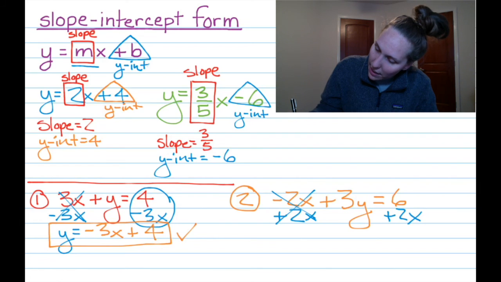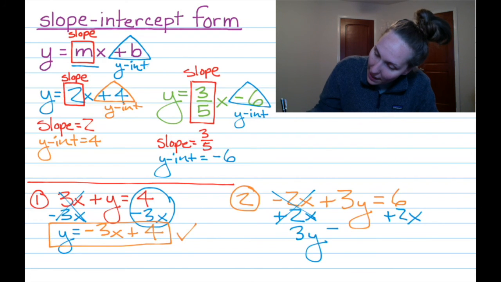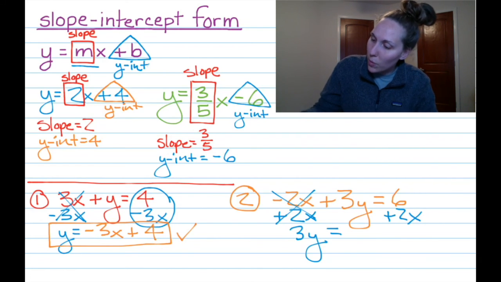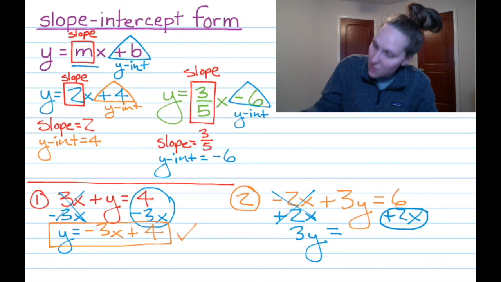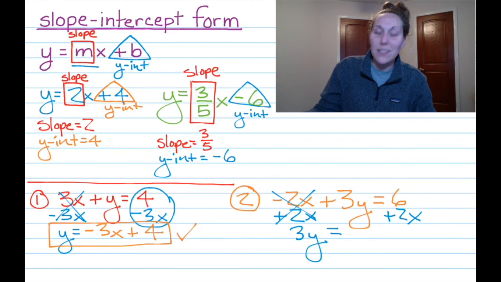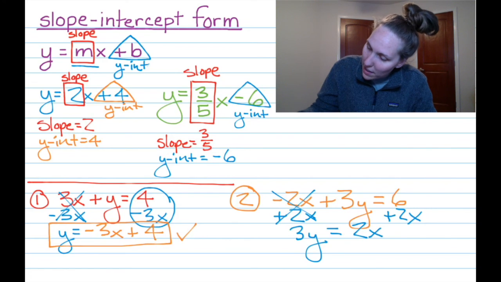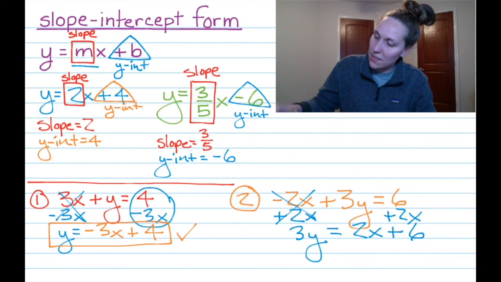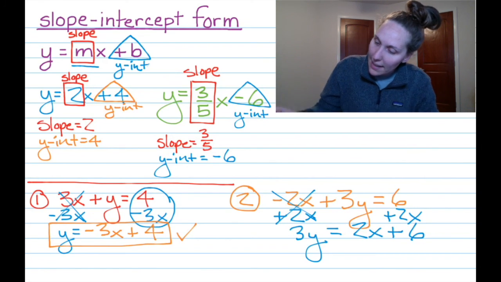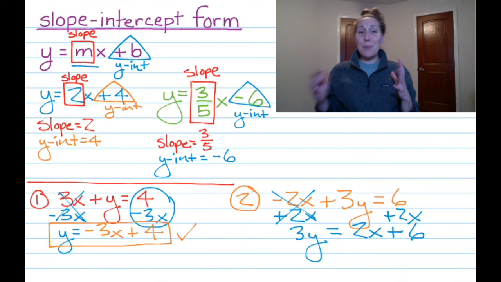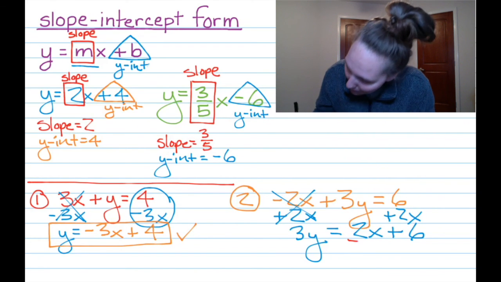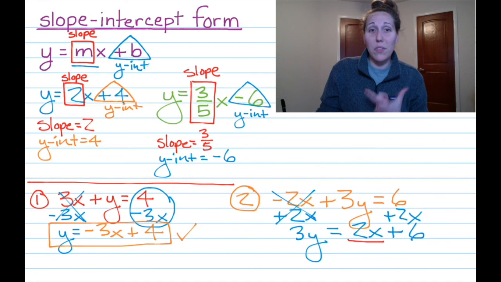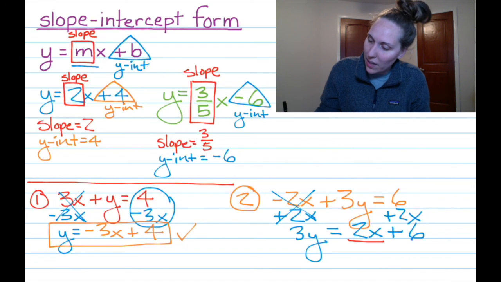These cancel, and I'm left with 3y equals, again, I'm going to very consciously choose to put plus 2x first, because that's going to help me in my steps and efforts to put this in slope-intercept form. Now my equation is almost completely in slope-intercept form. I've got my x value with the number being multiplied next to it in the right order.